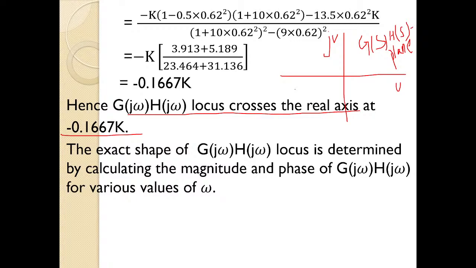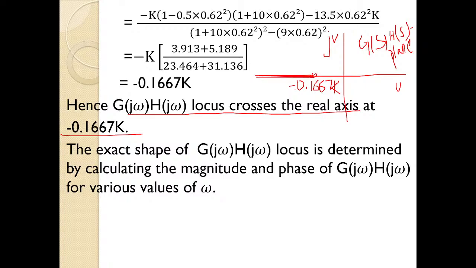On this, you just locate a point on the negative real axis. Locate a point on the negative real axis and write down minus 0.16676. So this is it.